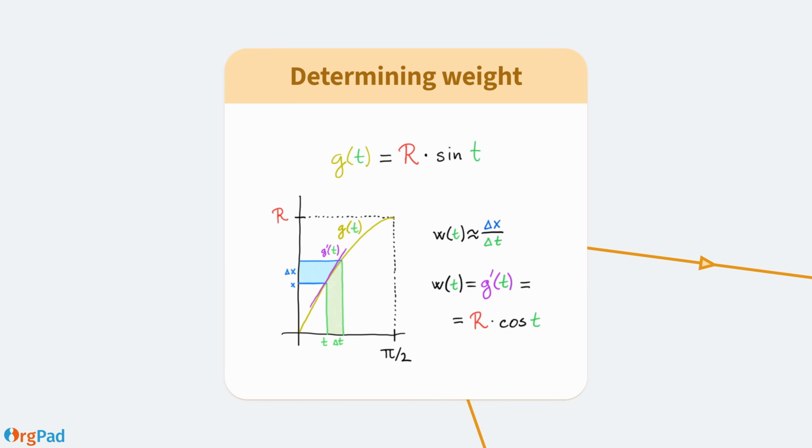It makes perfect sense that the weight w of a substitution g is its derivative g prime. If g grows quickly around t, a narrow piece at t corresponds to a wide piece in the original function, so the weight w of t is high. On the other hand, if g grows slowly around t, the corresponding piece is narrow, so the weight w of t is small.